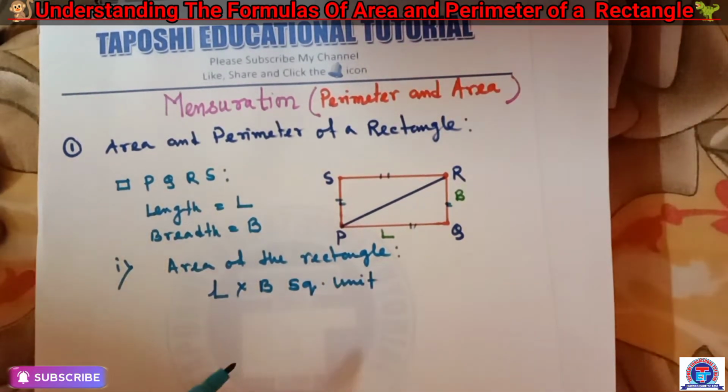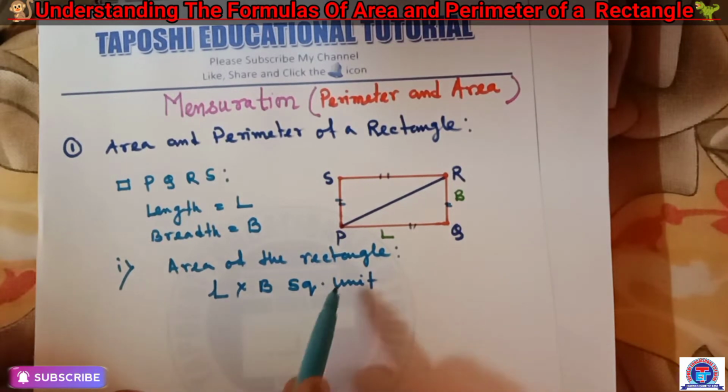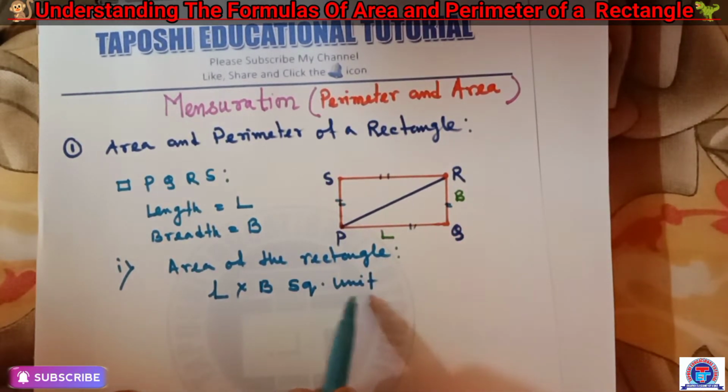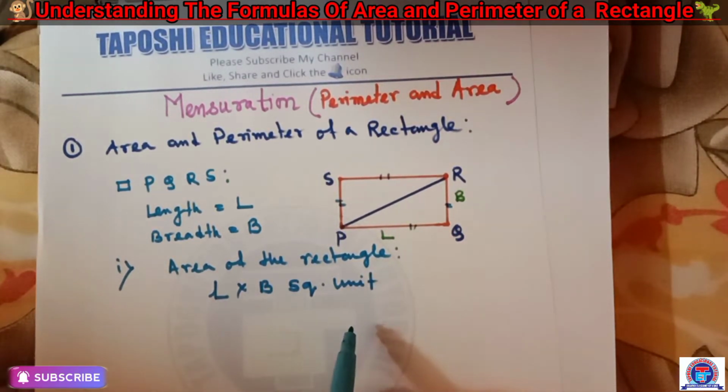Okay, so that means we consider the unit is a square unit, right?